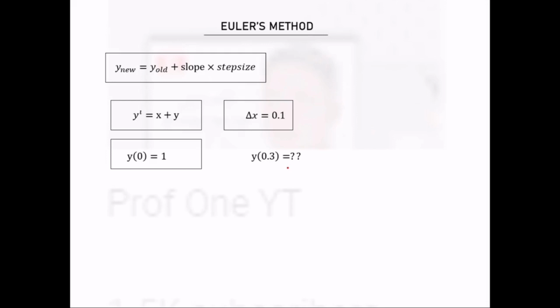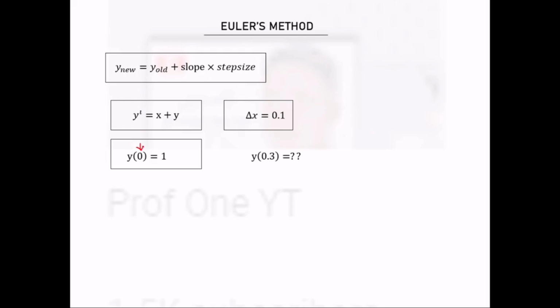So how do you go about this? With this, you should know the number of steps that you take to get to 0.3. How will you know the steps to take? The step size here is 0.1. So you are going to look at the initial condition given to us, which is x is 0, whilst y is 1.